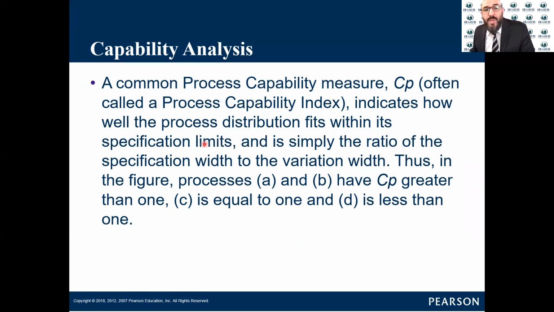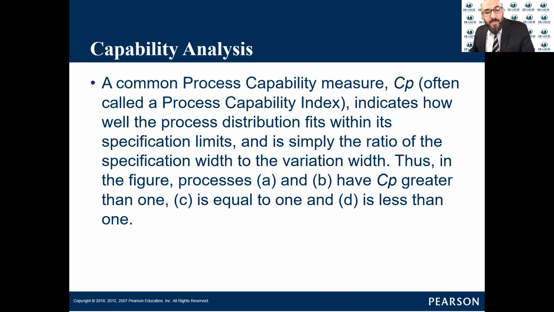It indicates how well the process distribution fits within its specification limits, and is simply the ratio of the specification width to the variation width. Therefore, in figures A, B, C, A and B have a CP greater than 1, C is equal to 1, and D is less than 1.